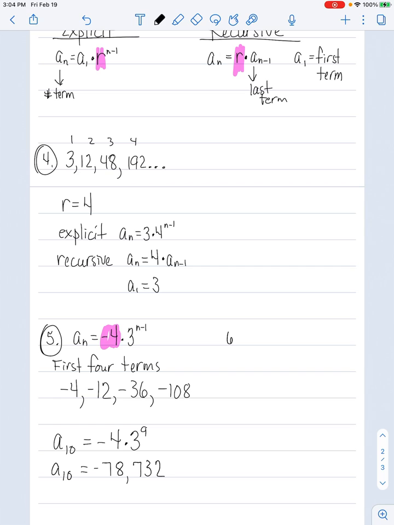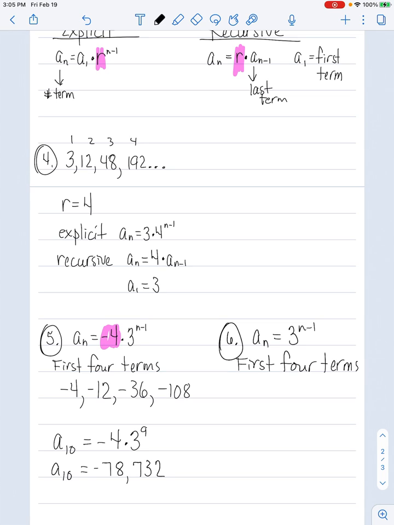Let's try another one of those. So take a look at this formula: a sub n equals 3 to the n minus 1 power. And again, I want us to find the first 4 terms.